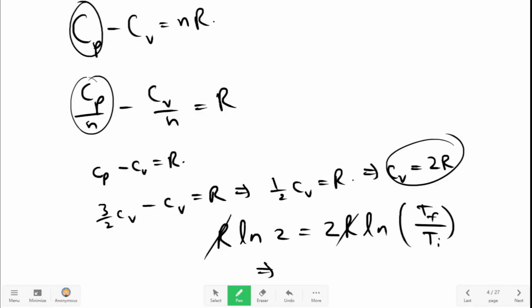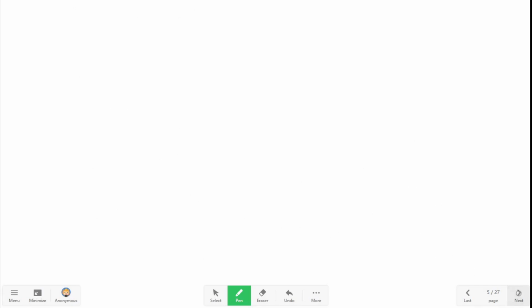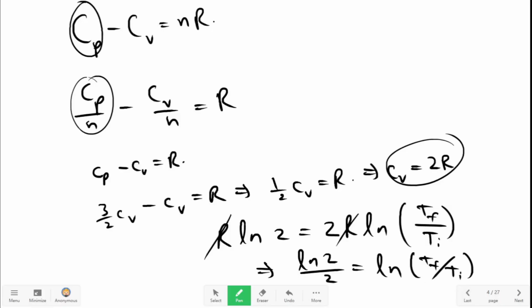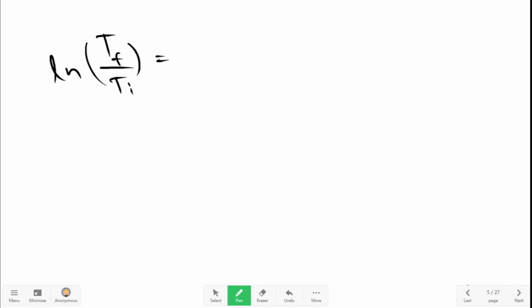This means ln 2 divided by 2 is equal to ln Tf upon Ti, which is 1 by 2 ln 2, and can be written as ln 2 raised to 1 by 2.